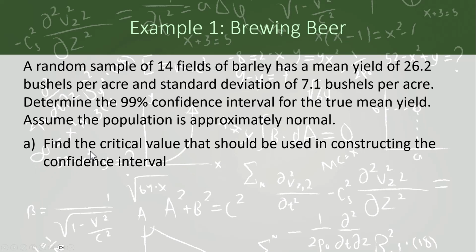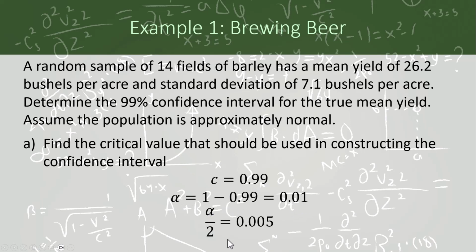So now we need to find the critical value that should be used in constructing this confidence interval. Well, first thing we need to do is start with C. C is 0.99. Therefore, that's the area in the middle. The area in both tails, alpha, is 0.01. The area in one tail is going to be 0.005, half of that.